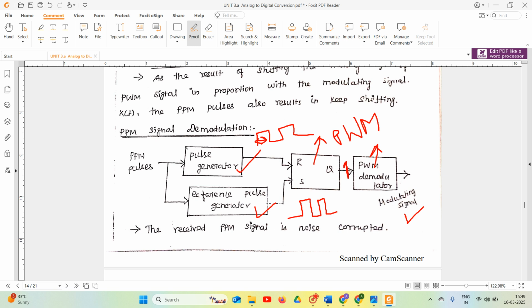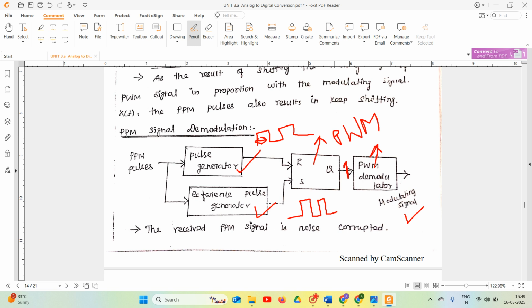As we are shifting the pulses, here the amplitude is constant. The amplitude does not contain any user information, right? So noise does not affect the PPM signal, and even if it does, we can easily remove the noise from the PPM signal.